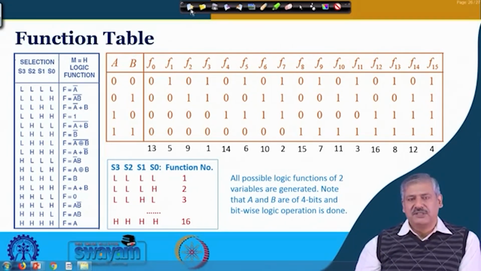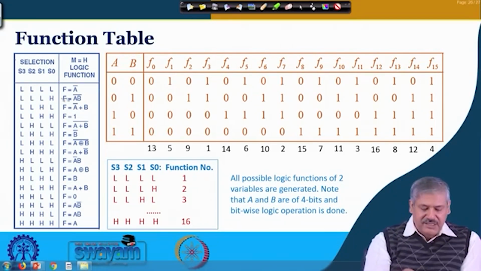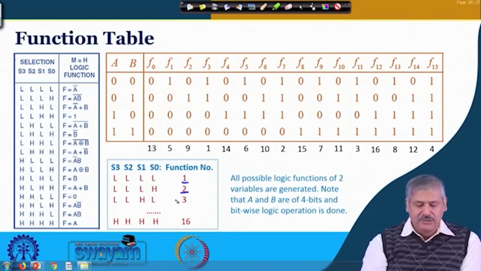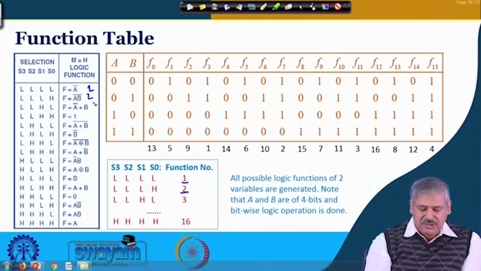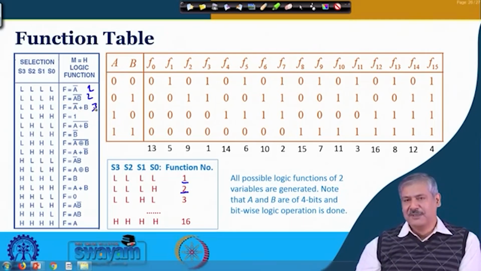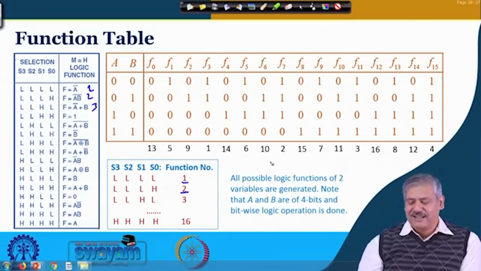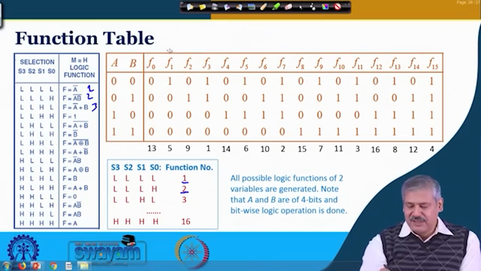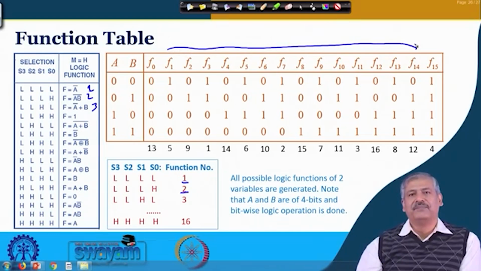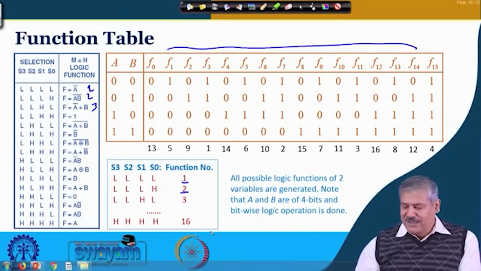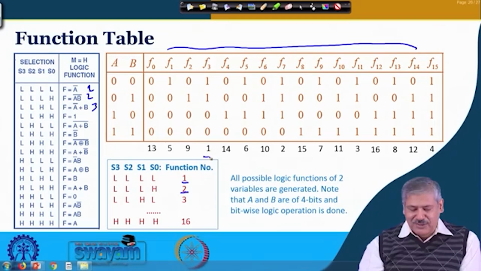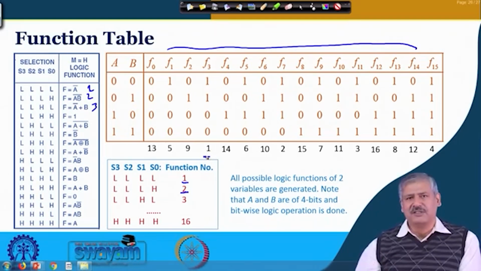Now, for each of these cases, the first one we designate by number 1, the second one by number 2, this is 3 and so on and so forth. You can identify that in this particular function table, 1 is somewhere here, which is not there in other places because each one of them is unique.